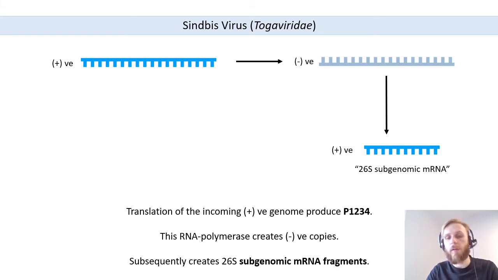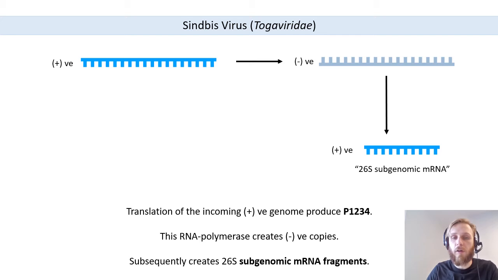Okay, so we want to understand this switch from genome expression to genome replication, from the production of subgenomic fragments to the production of full-length copies. So the processes that we're looking at in the slide are the processes of RNA being produced from RNA.